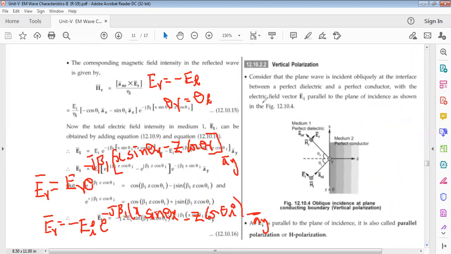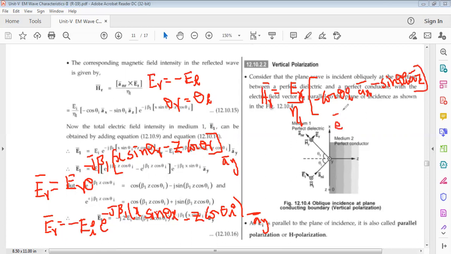We got HR bar in terms of EI, ER into minus cos theta I into AX bar minus sine theta I into AZ bar, and the exponential is the same, e power minus j beta 1 into x sine theta I. Actually, it is a theta r.